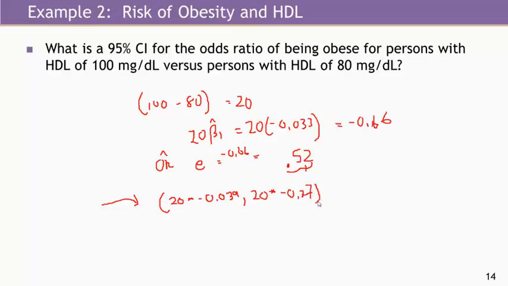And I'll let you verify this, but if you then exponentiate to get the confidence interval on the ratio scale, it becomes 0.46 to 0.58.